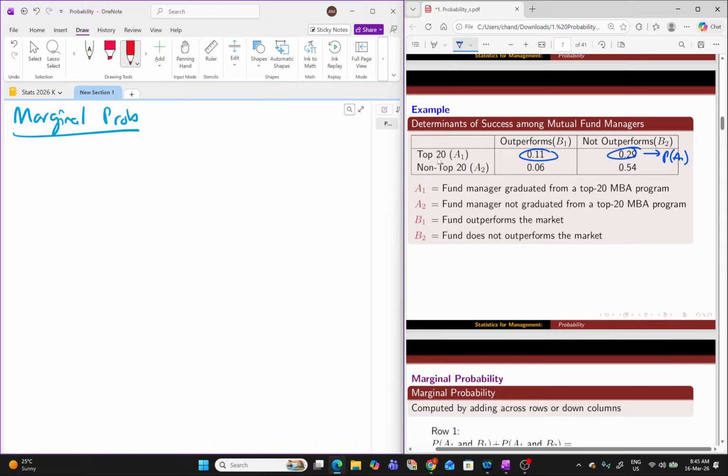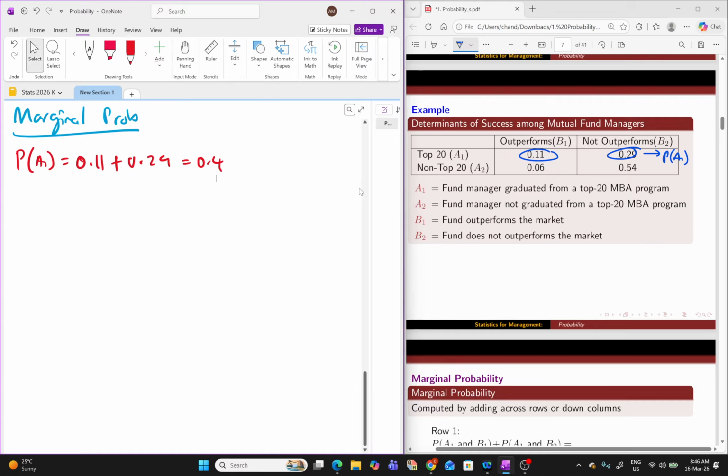What is this row? A1, isn't it? If you take all the probability here, you plus, that is the probability of A1. If you plus here, what do you get? 0.11 plus 0.29, you will get 0.4.